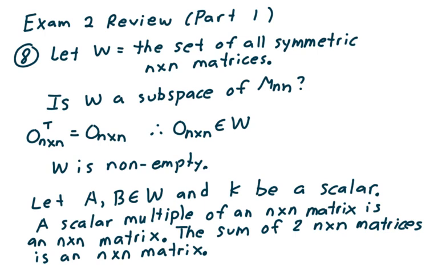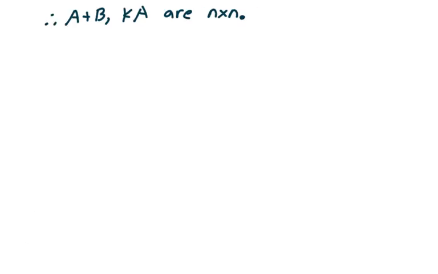Okay, let A and B belong to W, and let K be a scalar. A scalar multiple of an n by n matrix is an n by n matrix, and the sum of two n by n matrices is an n by n matrix as well. So therefore, A plus B and Ka are n by n.